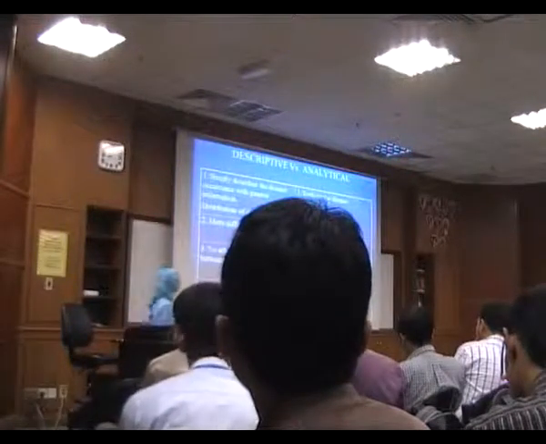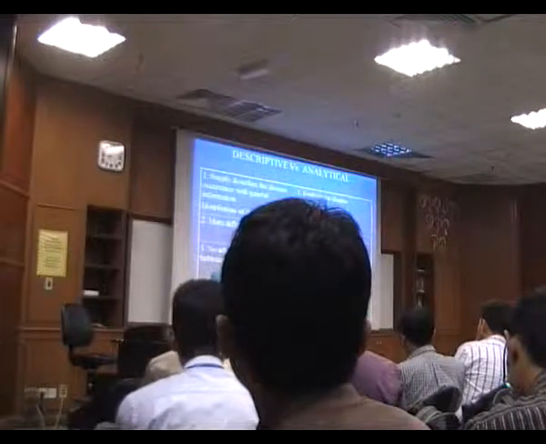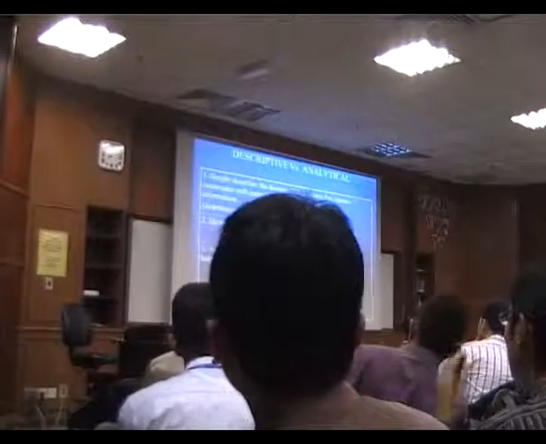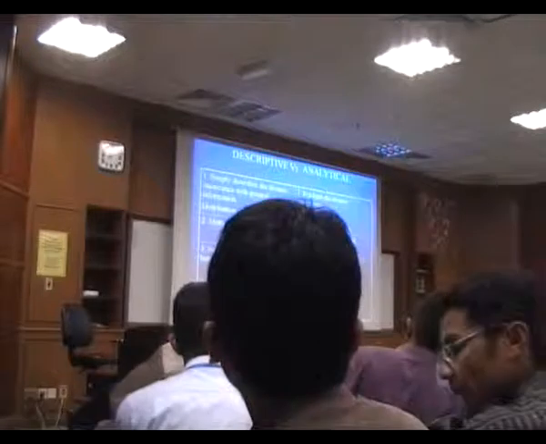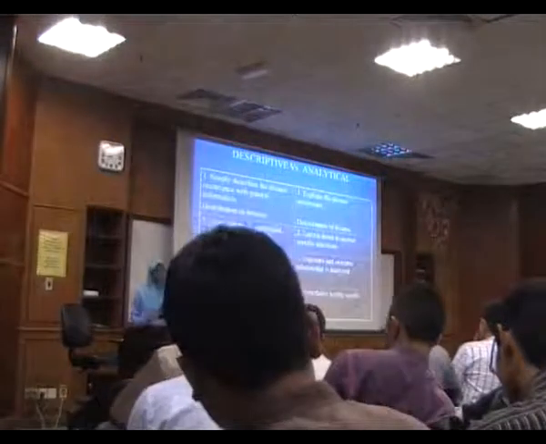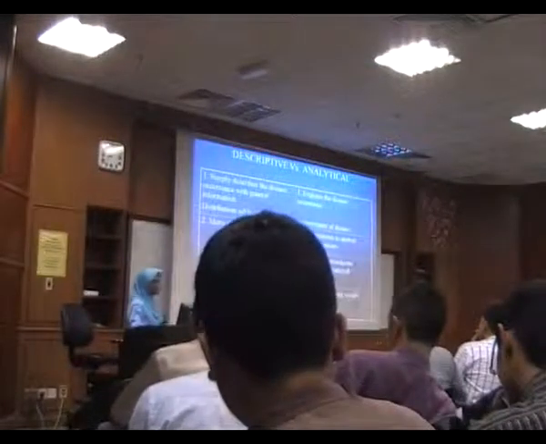Then what is the difference? Because you know the observational study is divided into two, the descriptive and the analytical. So what is the difference between descriptive and analytical research design?